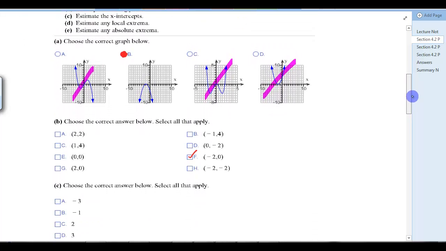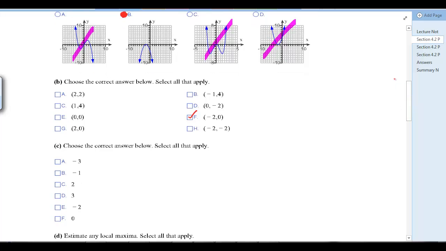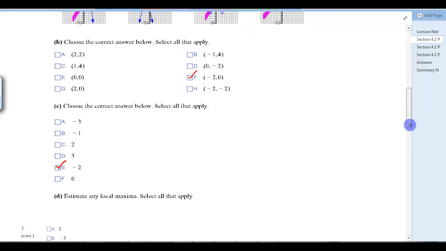C part, estimate the x-intercepts. Well, we already said the turning point was here, and it's on the x-axis, so that should be -2 right here.